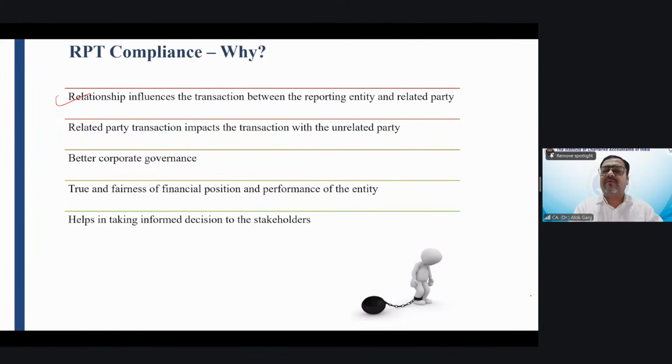So in the next year, the parent returned the goods to the subsidiary. So the actual transaction has not flown. The goods were lying in the warehouse of the subsidiary and the parent raised a debit note, or the subsidiary raised a credit note to the parent, and this is how in the next year the transaction got settled.